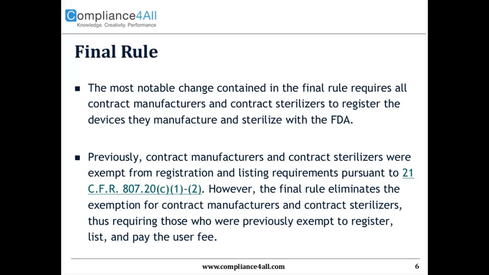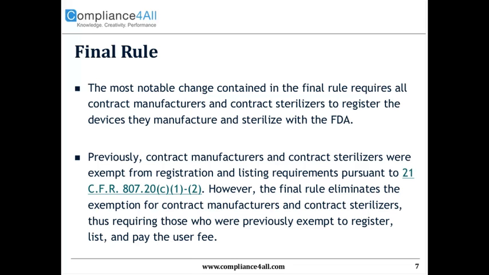The most notable change contained in the final rule requires all contract manufacturers and contract sterilizers to register the devices they manufacture and sterilize with the agency. Previously, contract manufacturers and contract sterilizers were exempt from registration and listing in accordance with 807.20 subpart C 1-2.